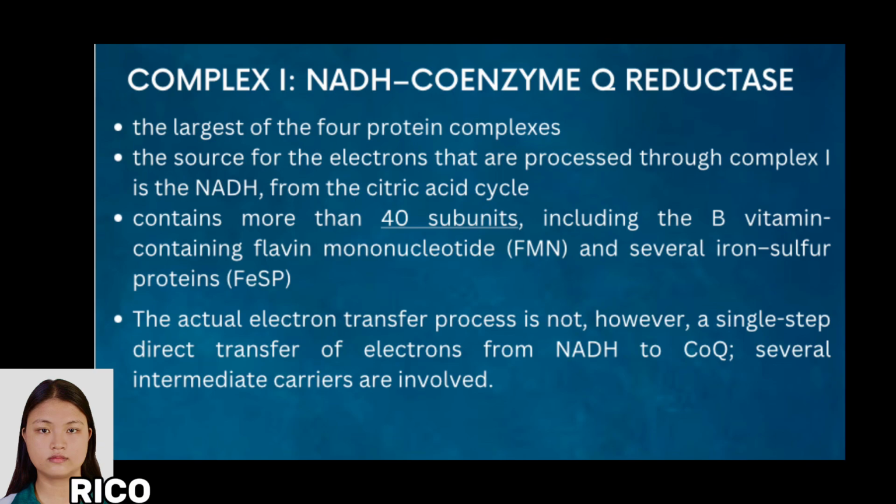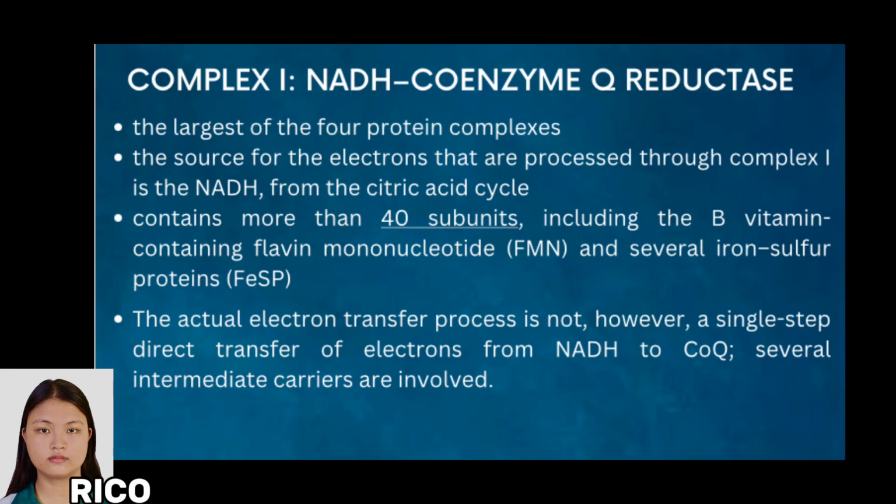This contains more than 40 subunits, including the B vitamin-containing flavin mononucleotide and several iron-sulfur proteins. The actual electron transfer process is not, however, a single-step direct transfer of electrons from NADH to CoQ. Several intermediate carriers are involved.